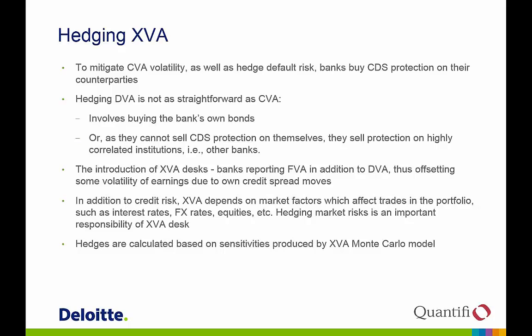They all depend on market factors, and they all depend on exposures, either positive or negative. Market factors which affect trades in the portfolio are interest rate, FX rate, equities, commodities, and so on, and credit if it's part of the portfolio. Hedging market risk is an important responsibility of the XVA desk.